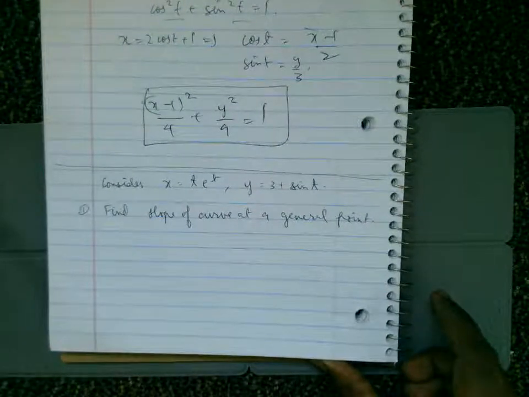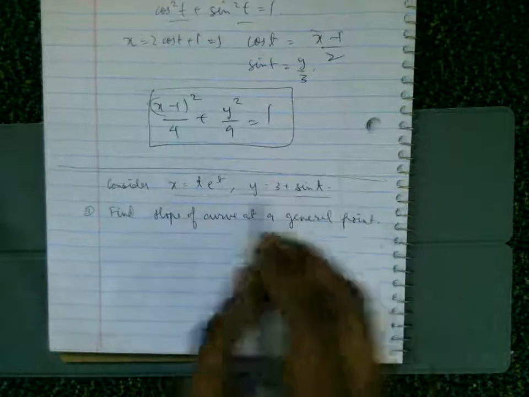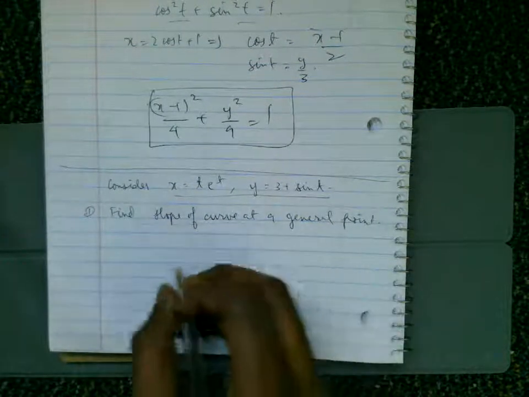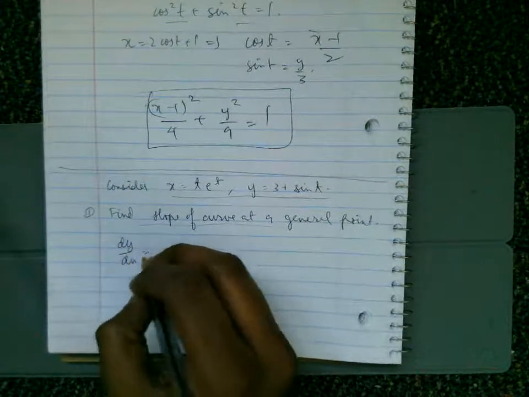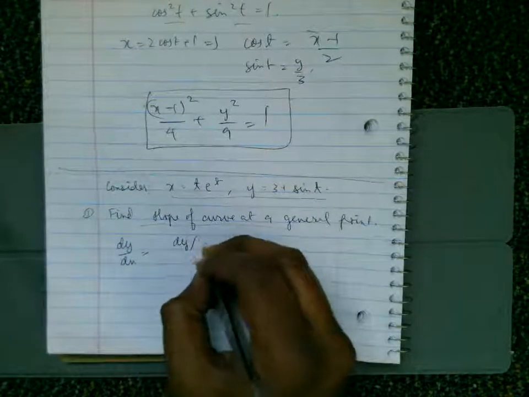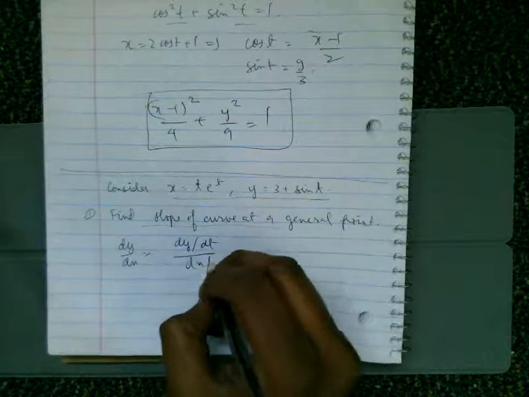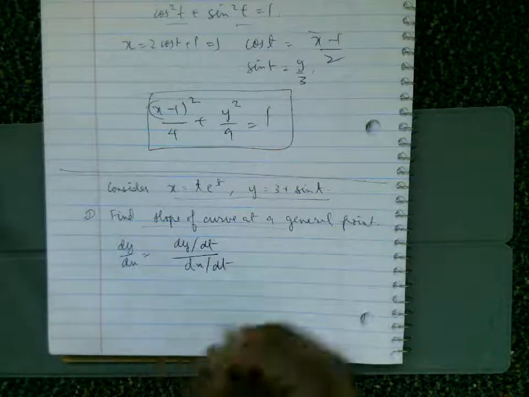So for the next question, we have some parametric equation, and we have to find the slope of the curve. Remember that the slope of the curve is given by dy by dx, and when they are in parametric form, this can be written down like this.